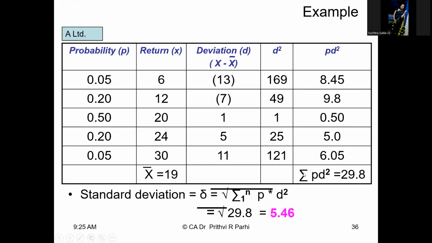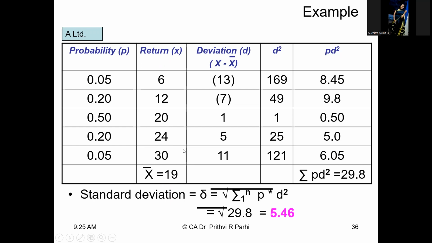You'll understand it better with the help of this example. Let us say you are making an investment and the possible returns are like this: 6%, 12%, 20%, 24%, 30%. So if you see, your average return is 19. This average return, we'll be calling it my standard return.